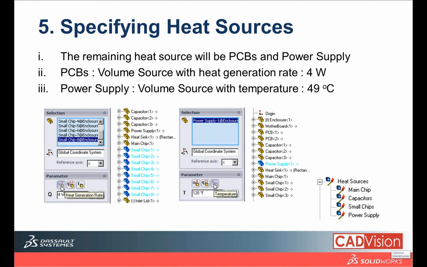For example, a monitor screen, we can consider as a surface generation heat instead of a volume source. Same thing here, we are going to rename it with the PCBs, small chips, and the power supply for our own reference.